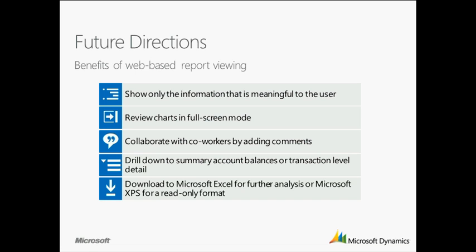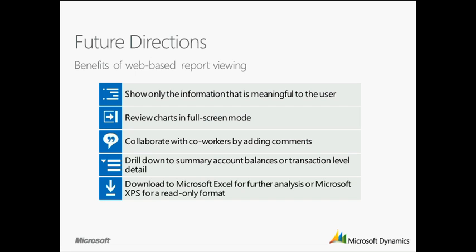Some of the things that we're seeing as benefits apply not only to the desktop viewer, but also to the web viewer. So we're showing only the information that's meaningful to those users. They can review the charts in full screen mode. So that chart that we just saw, they'd be able to really immerse themselves in that chart and use that to come up with answers to questions that they have.